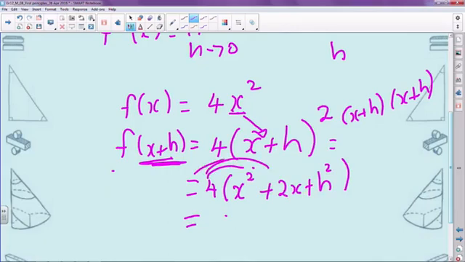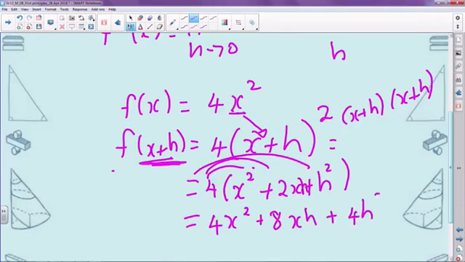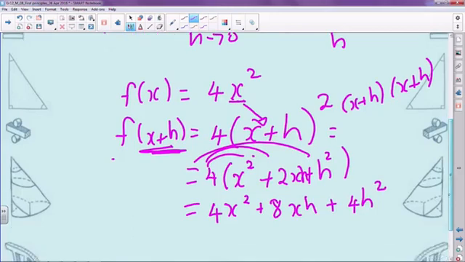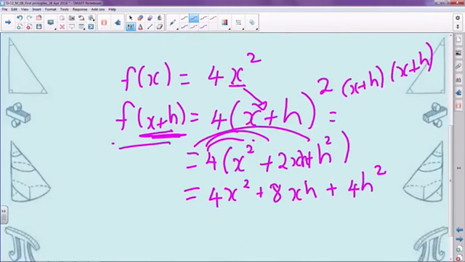I then multiply the 4 into the bracket, and I get 4x squared plus 8xh plus 4h squared.